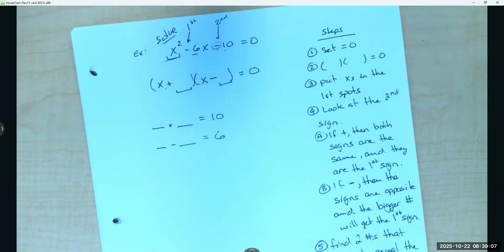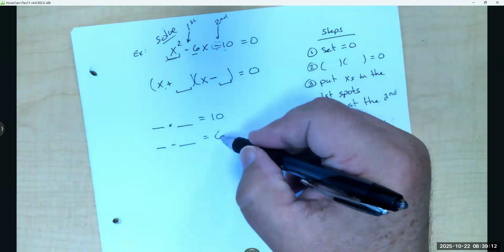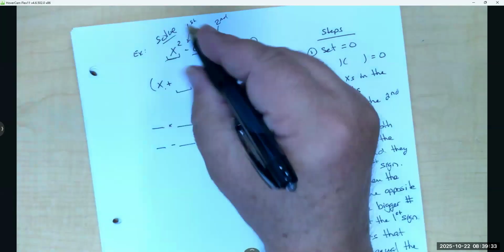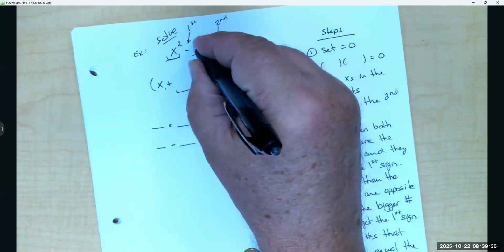So are there two numbers that equal this? What two numbers equal 10 that when we subtract them, we get 6? Let's make it a little bit easier then. Let's make this one 3.